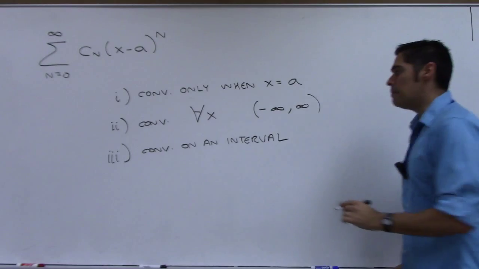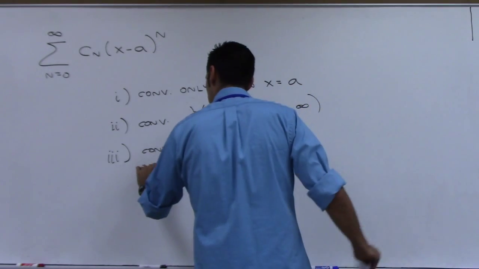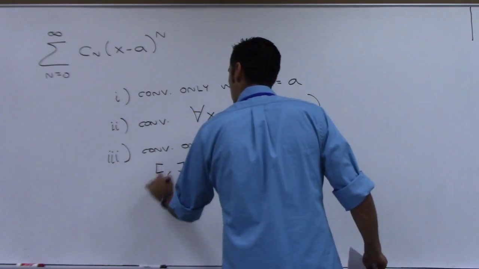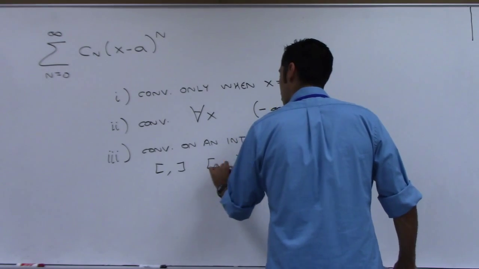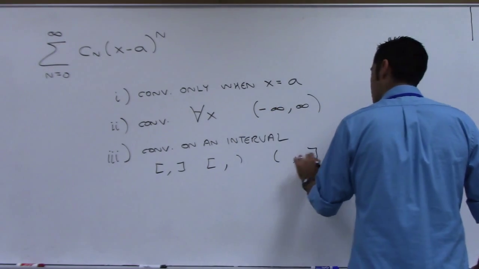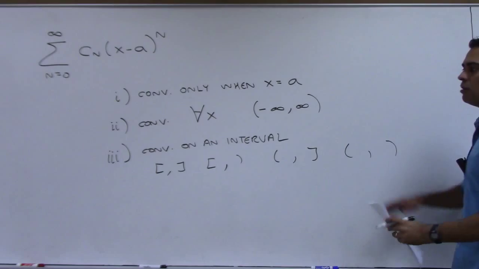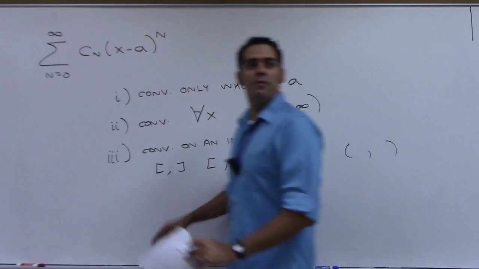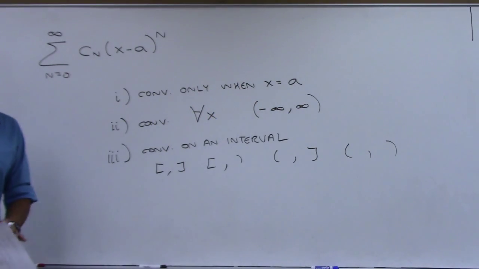And that interval might be closed on both ends, closed and open, open and closed, open and open. It could be any of those 4 possibilities.